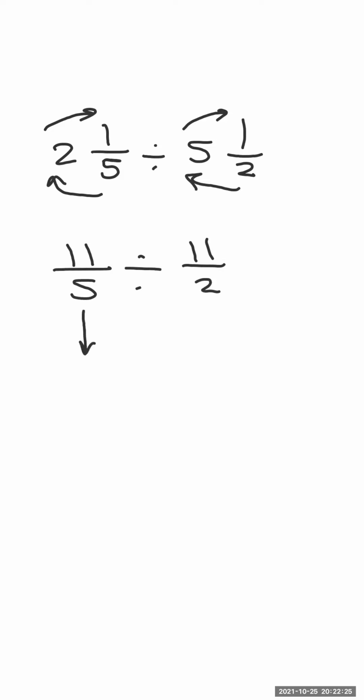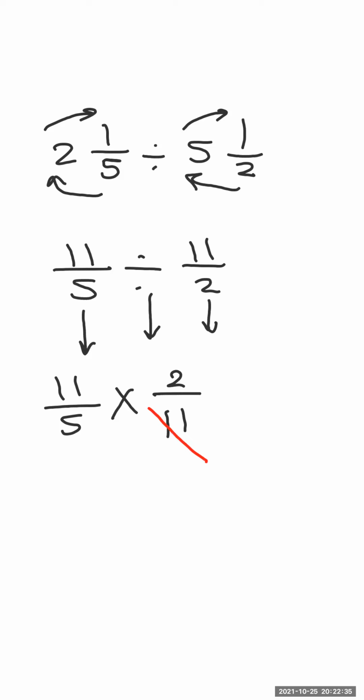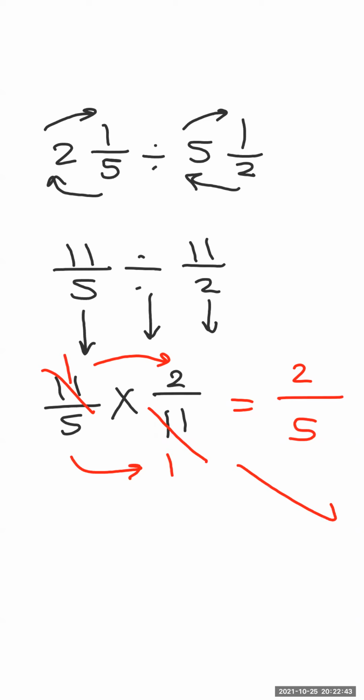Now write down the first number, 11 over 5. Division into multiplication, times 11 over 2, flipped, 2 over 11. Simplify. Divide 11 equals 1, divide 11 equals 1. So 1 times 2 equals 2, and 5 times 1 equals 5. Finished. Okay?